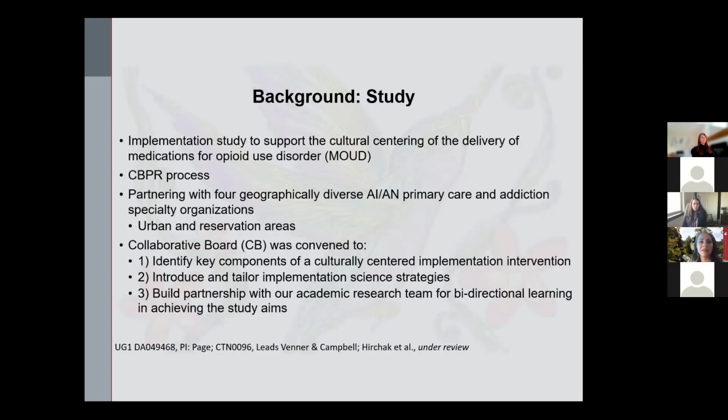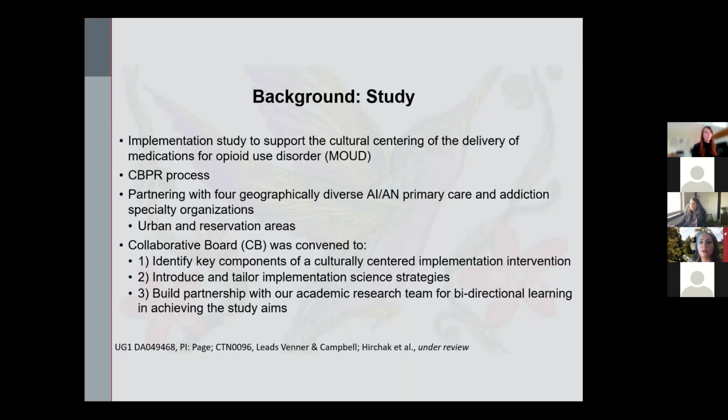Doctors Venner and Campbell are OG CBPR researchers, so very much following that process. And the study is partnering with four geographically diverse Native primary care and addiction specialty organizations, both in urban and rural areas.